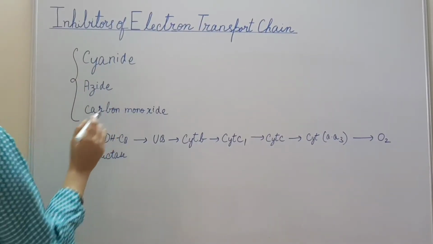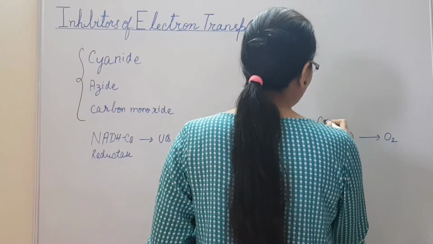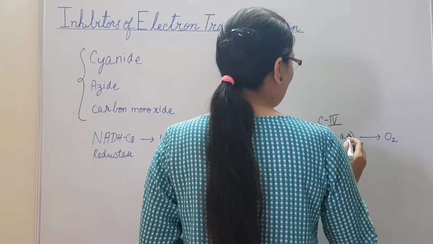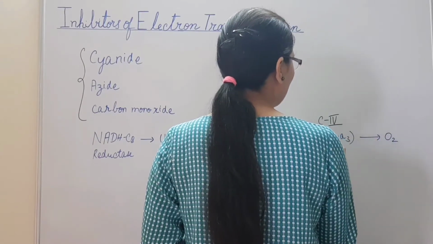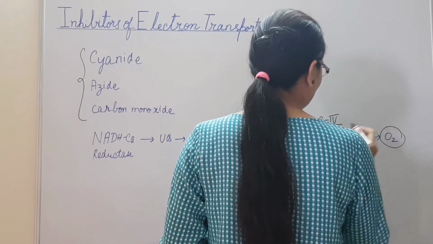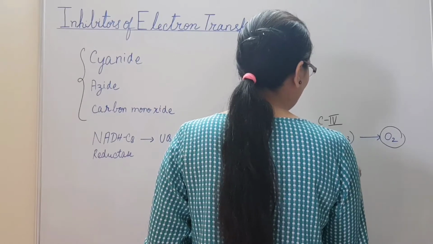Cyanide, azide and carbon monoxide. These bind with the component of complex 4 and prevent the terminal transfer of electrons from complex 4 to oxygen. Complex 4 is also known as cytochrome C oxidase.